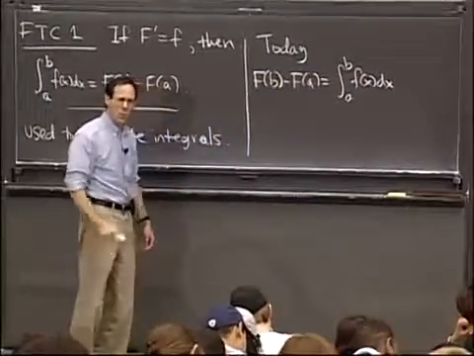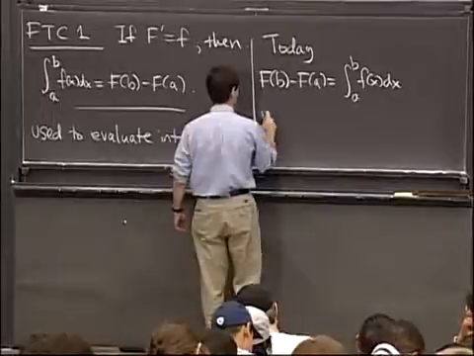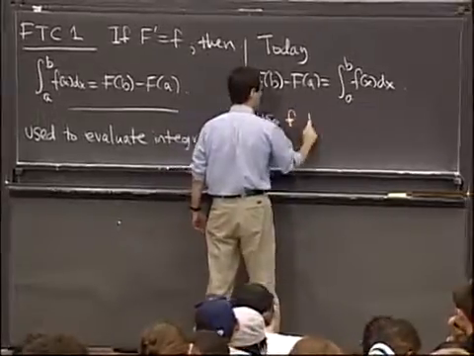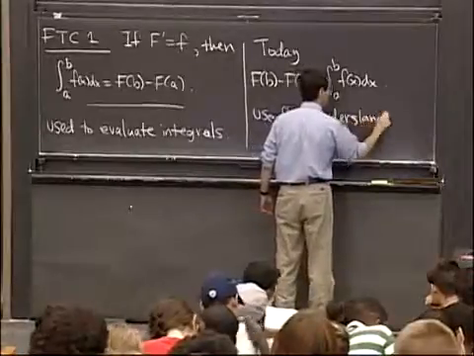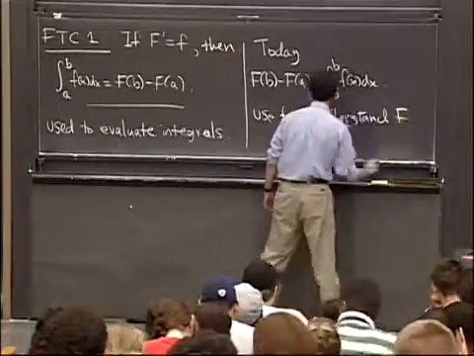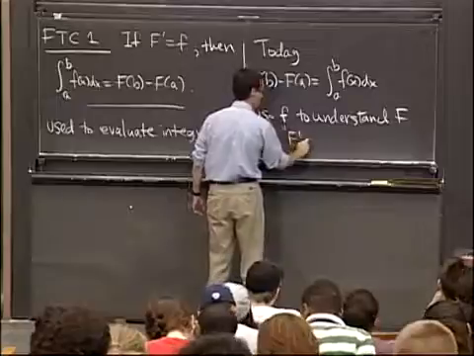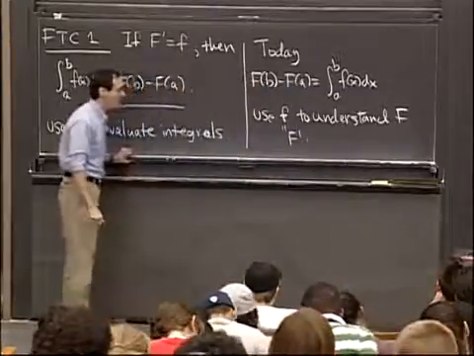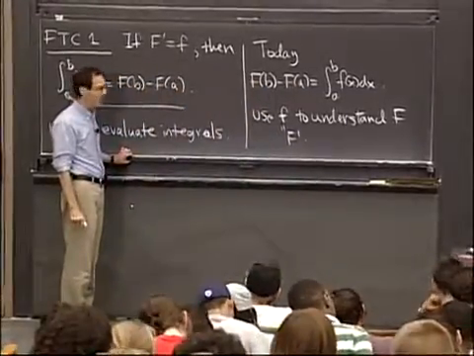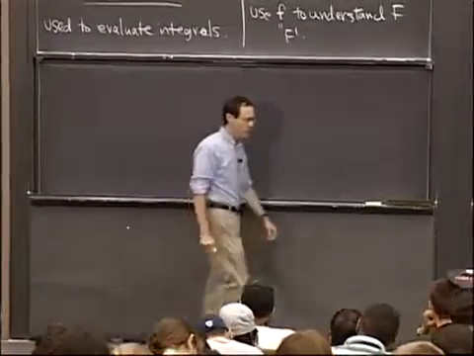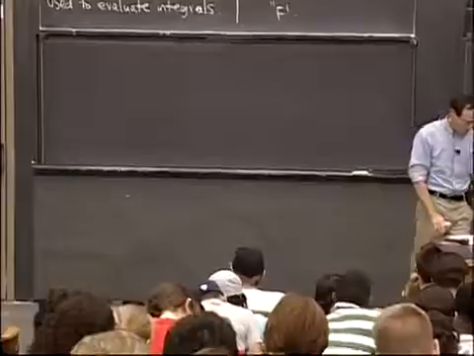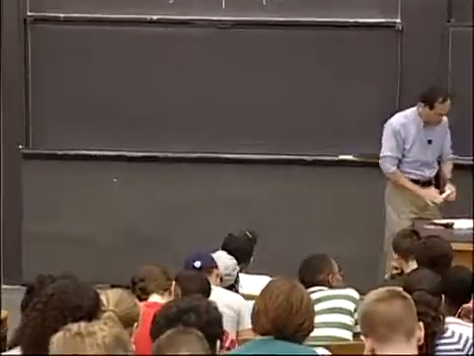We're going to use f to understand capital F. In other words, the derivative to understand the function. So that's the reversal of point of view that I'd like to make. And we'll make this point in various ways.